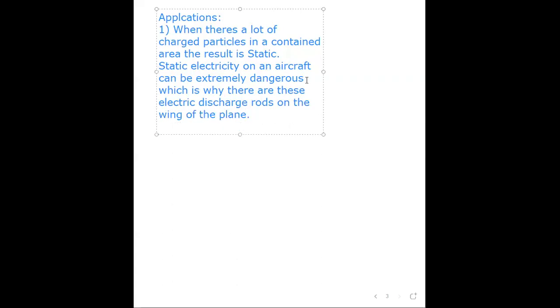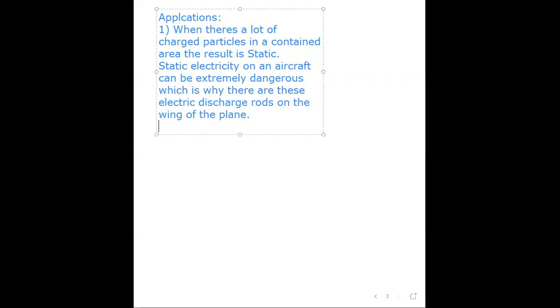So this would be a typical short answer question on your test. I just asked, give me an example of when static could be potentially dangerous in a real world example. And in this case, you just give the example that it's on an aircraft.